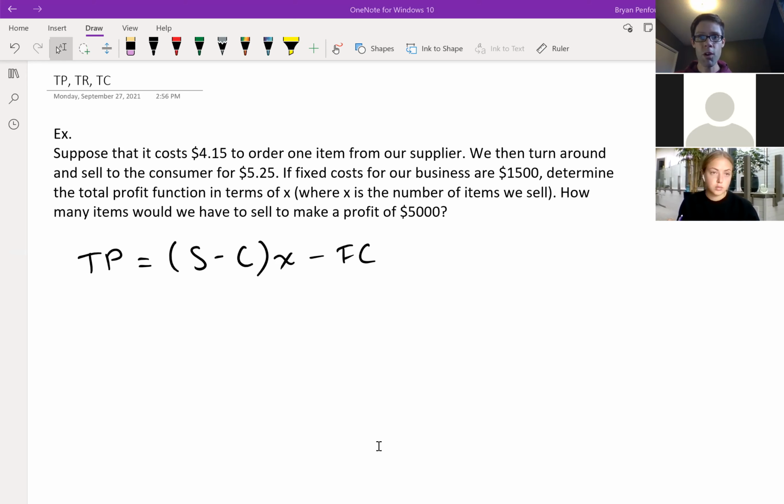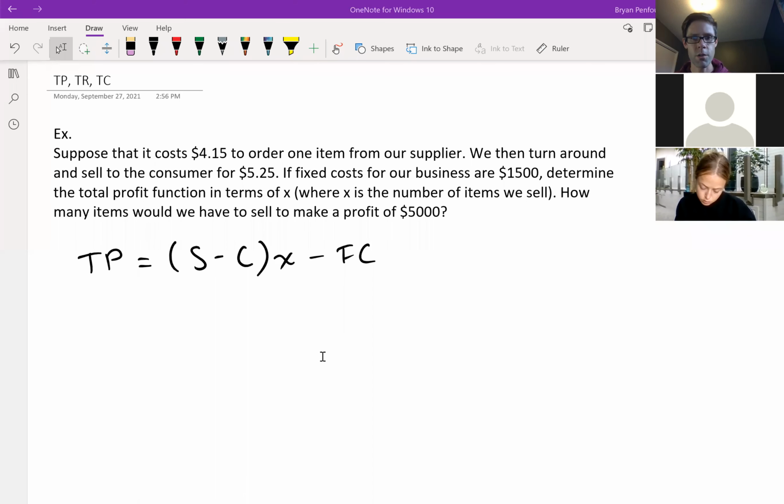That's going to be our selling price that we utilize to sell to our consumers. And then we know the fixed costs as well. This could be a monthly fixed cost. Fixed costs tend to deal with things like rent or buying new materials for things. So in our case, we have a $1,500 fixed cost for the business.